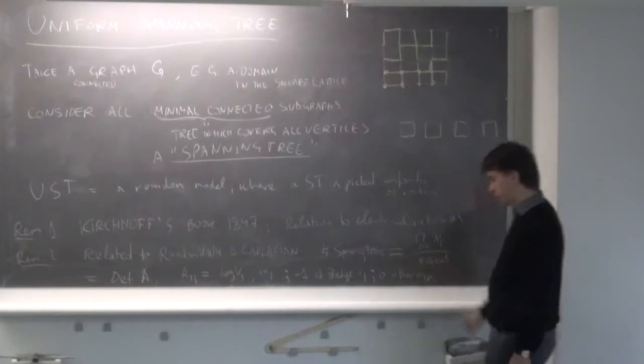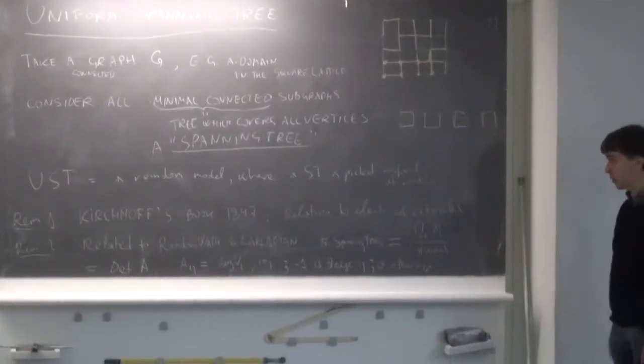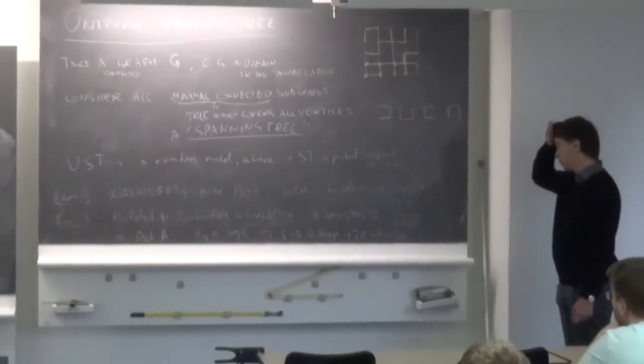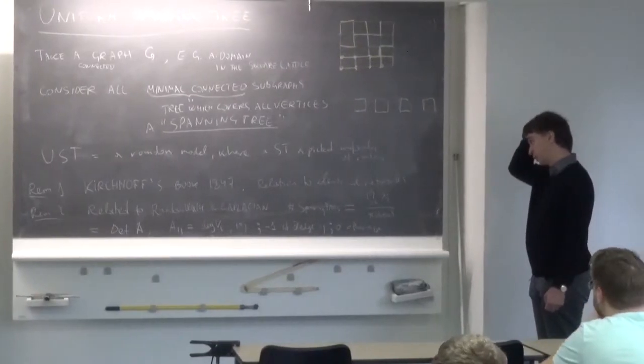Now here I might have confused the sign, but I don't think I did. So this is basically the Laplacian matrix, and that's more or less the same formula you get.